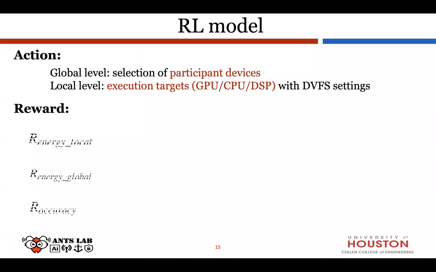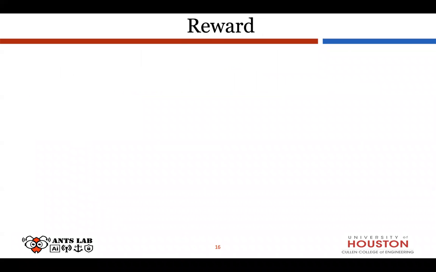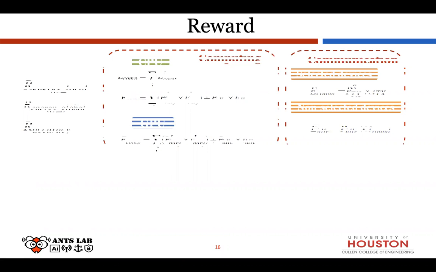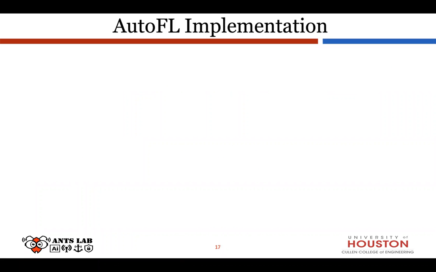Next, let's move to the implementation detail of their algorithm. Here, since both the state space and the action space are discrete, therefore they use a very simple Q-learning algorithm.